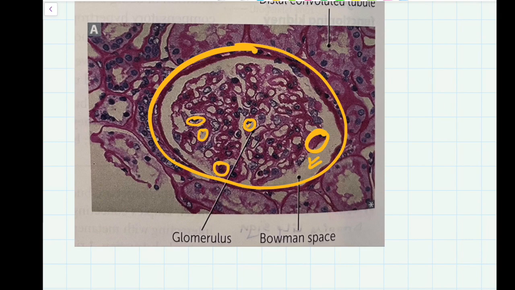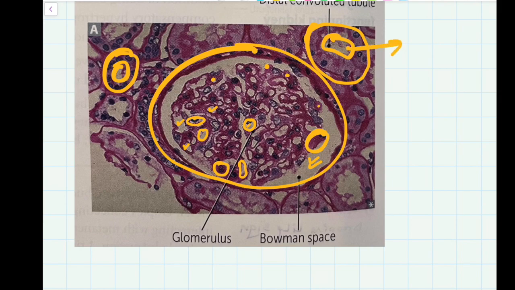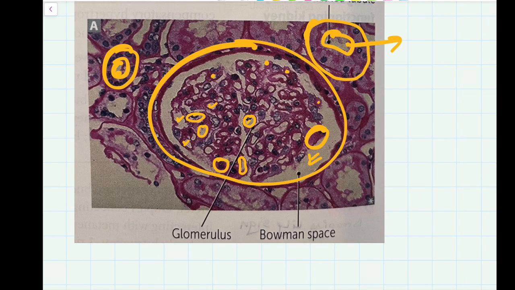The pink substance that we can see are the mesangial cells, while the lumen and a nucleus are the endothelial cells along with the endothelial basement membrane, and adjacent to it we can see the distal convoluted tubule and the proximal convoluted tubule. How you can distinguish between DCT and PCT is that the lumen of the DCT will be larger while the lumen of the PCT will be smaller. The visceral and parietal epithelial cells are not seen on light microscopy. For that we use electron microscopy, which we will see in a while.